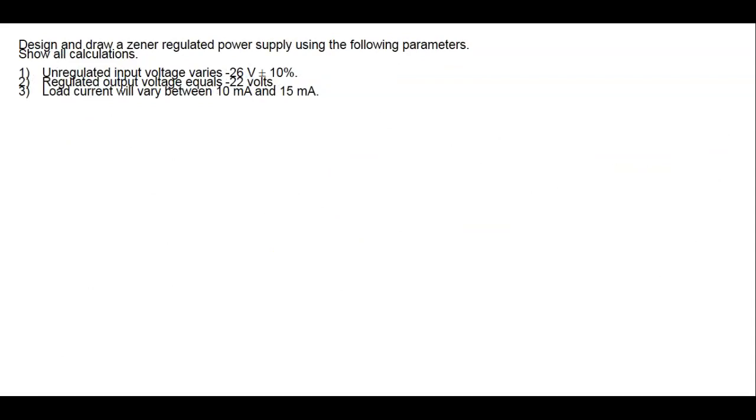So here we have a minus power supply. So my circuit could look like this. And why is the Zener turned the other way?